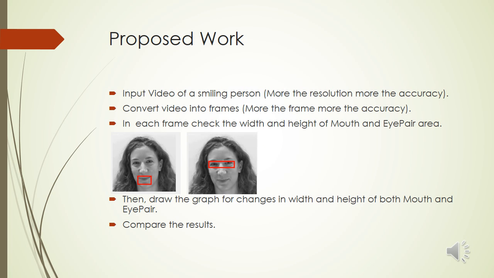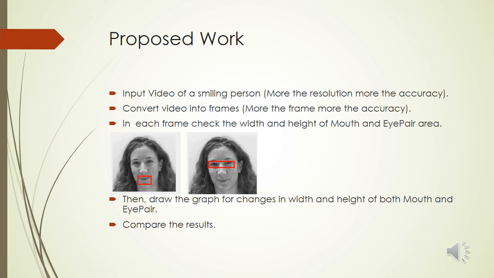Here is my proposed work, designed to determine a fake or genuine smile, or just to compare fake and genuine smiles. First of all, I will input a video of a smiling person. As I mentioned, the higher the resolution, the higher the accuracy. Then I will convert the video into different frames; the more frames, the more accuracy.